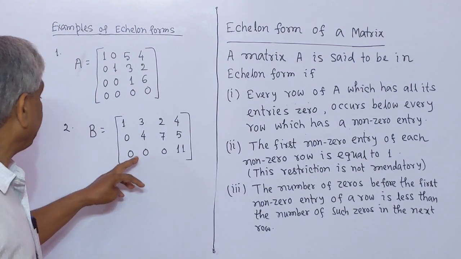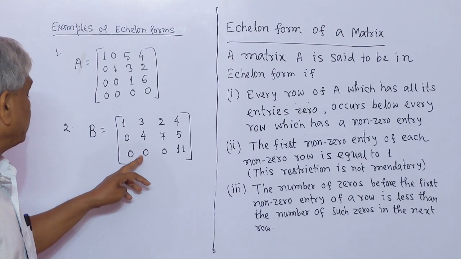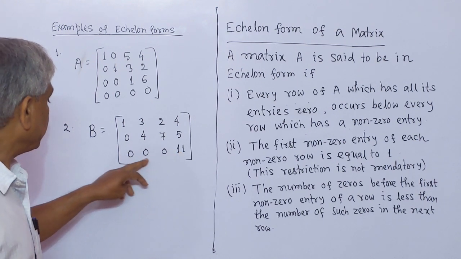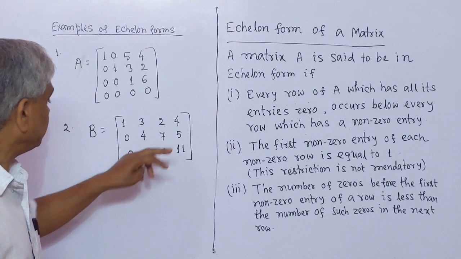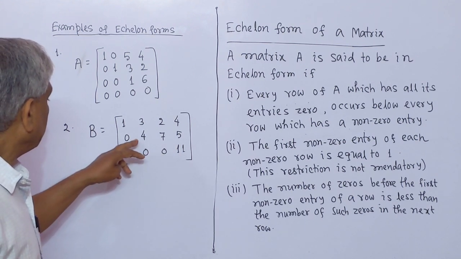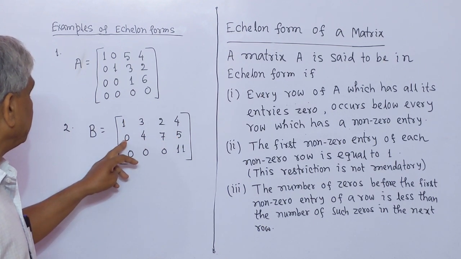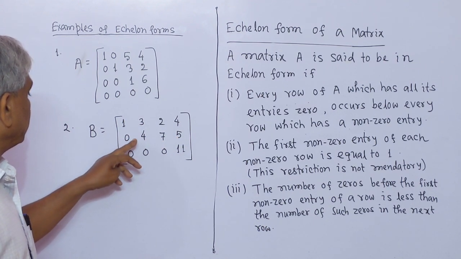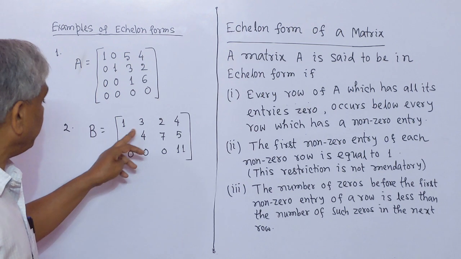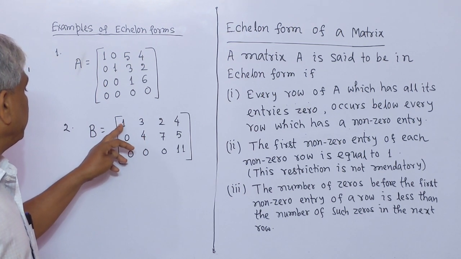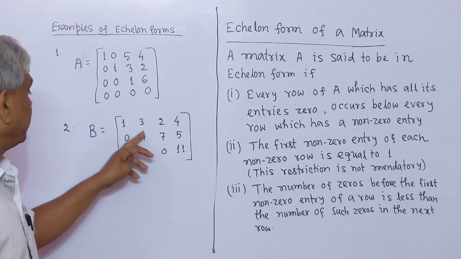But in this matrix, here we see that this is the first non-zero entry. These are 0 entries of this row. Here 4 is the first non-zero entry of the second row. Here 0, then the first non-zero entry. Here the first non-zero entry is 1.